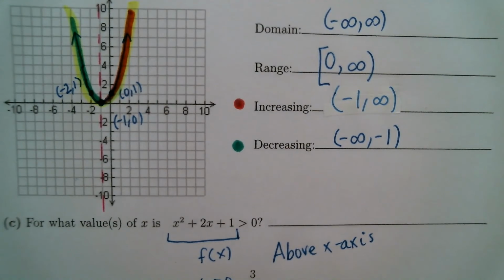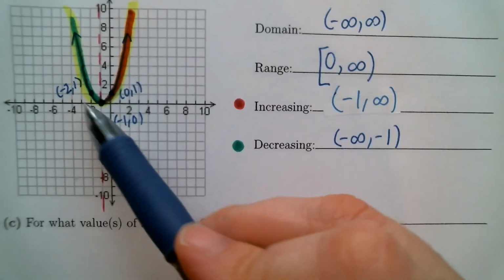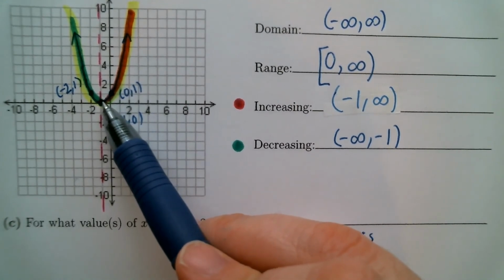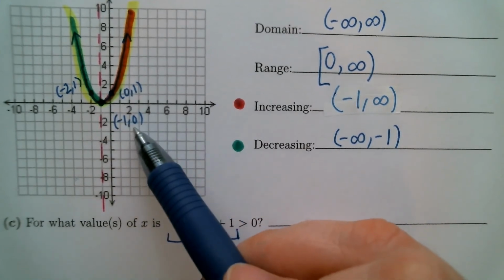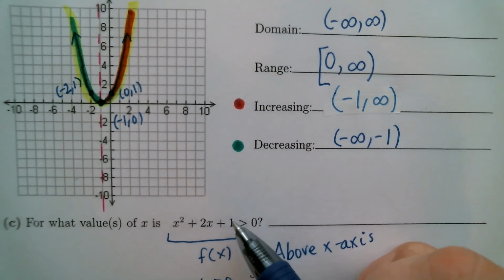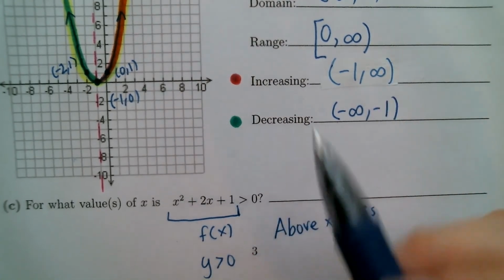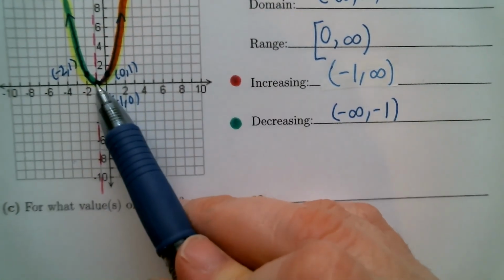It is entirely above the x-axis except for this one point at the vertex. At -1, 0, the vertex, your y value is actually equal to 0, and we can't have that because we need the y values to be strictly greater than 0. So the parabola is above the x-axis everywhere except at this one point.